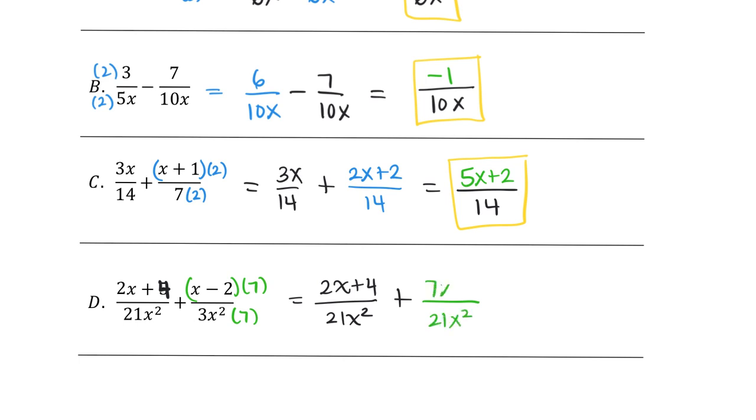So 7x minus 2 times 7, 14. Okay, common denominator is 21x squared. And if I do 2x plus 7x, I get 9x. And if I do 4 plus negative 14, I get negative 10. So my answer is 9x minus 10 over 21x squared.